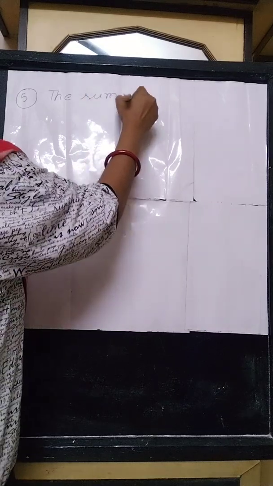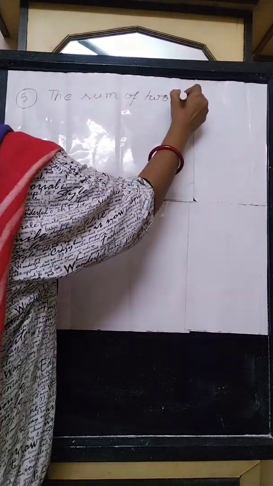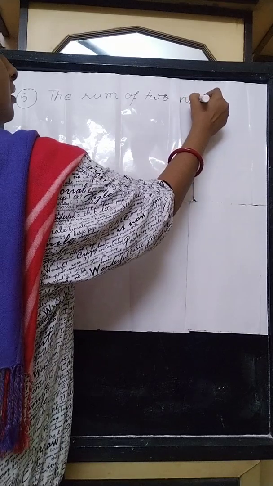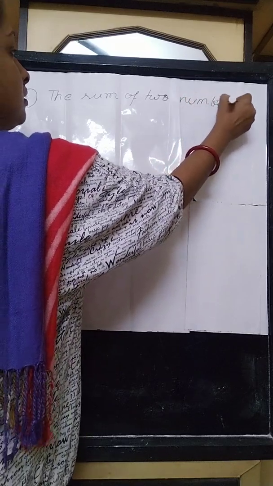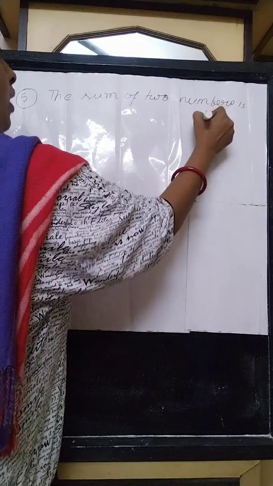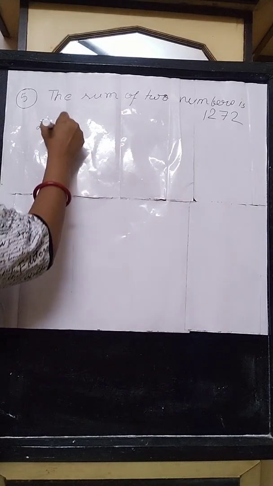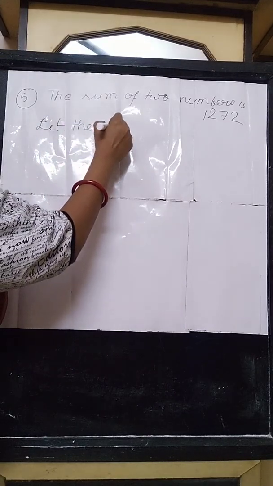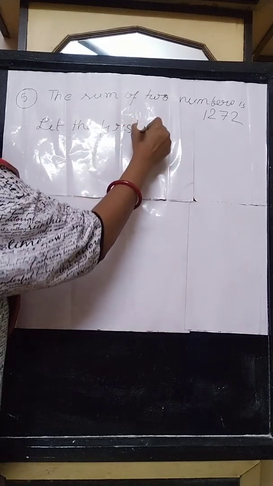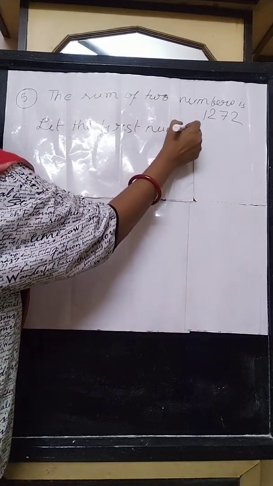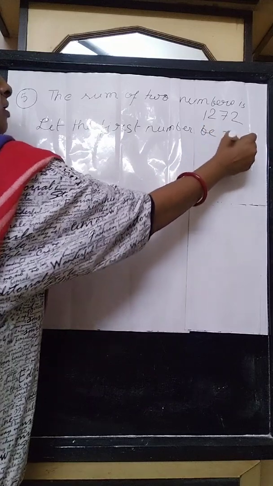Let's see. It is given that the sum of two numbers is 1272. We don't know what the two numbers are. So let the first number, the first assumed number, be x.